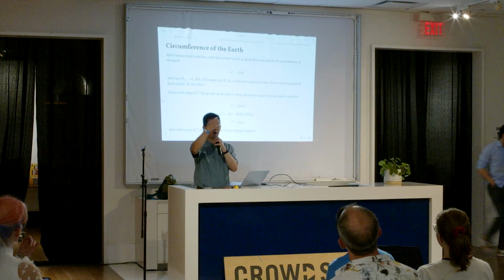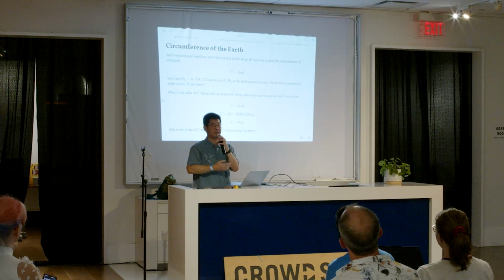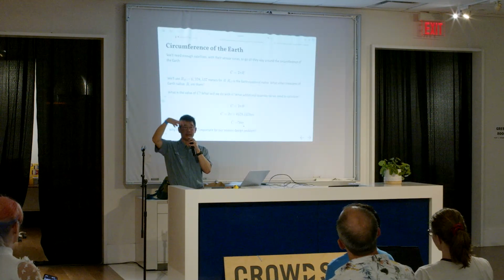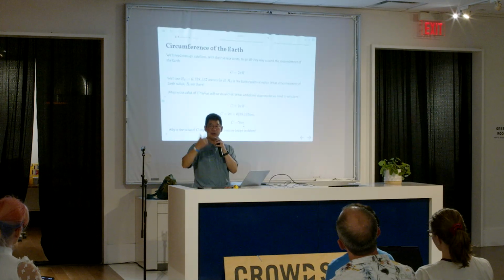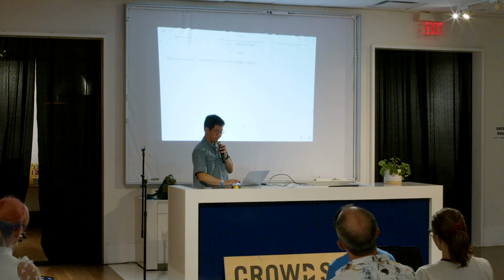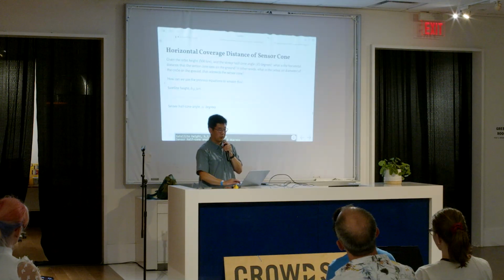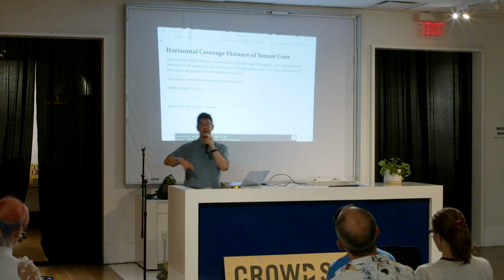But if we want to always have one satellite in view of the North Pole, how many satellites do we need? The reason I ask about circumference is whatever ground distance that a single satellite can see, we need enough of those satellites so that those coverage areas are continuous when you connect the various satellites.